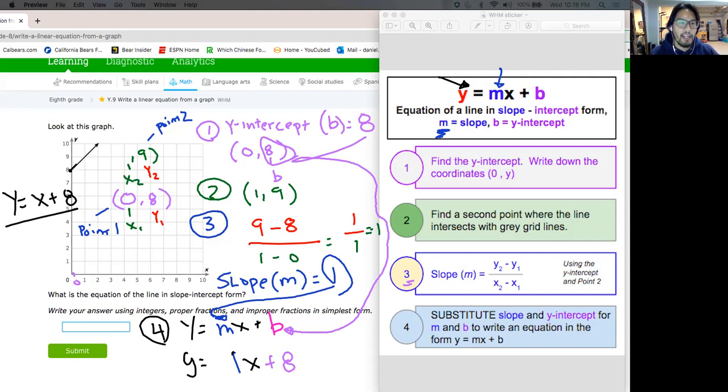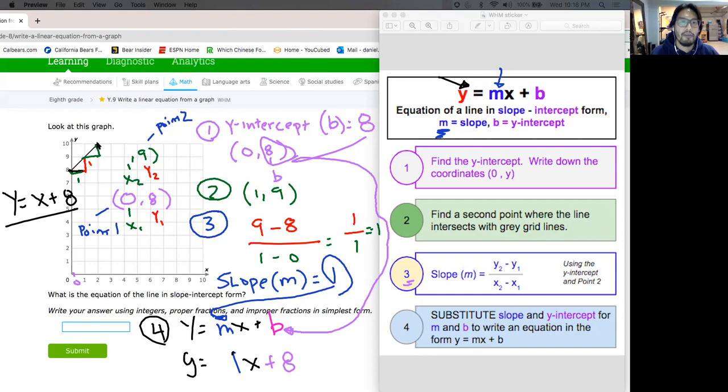So here's our y-intercept of 8, and you can see this line is going to the right 1 and going up 1. Every point on this line is going up a ratio of 1 to 1. 1 up, 1 to the right. 1 up, 1 to the right.